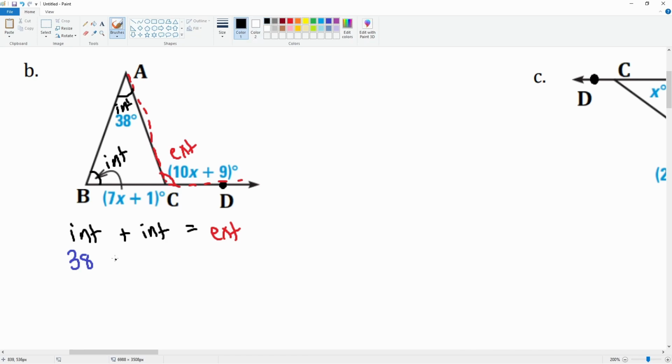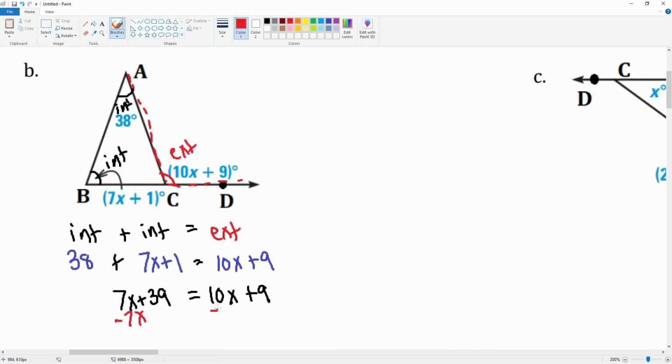Then you're going to add this to the second interior, which is 7x plus 1. And this is going to be equal to your 10x plus 9. We can combine some like terms. The 38 plus 1 becomes 39. Bring down the 7x. So far on the left-hand side, we have 7x plus 39 is equal to 10x plus 9. Move the smallest variable first, so minus 7x from both sides.